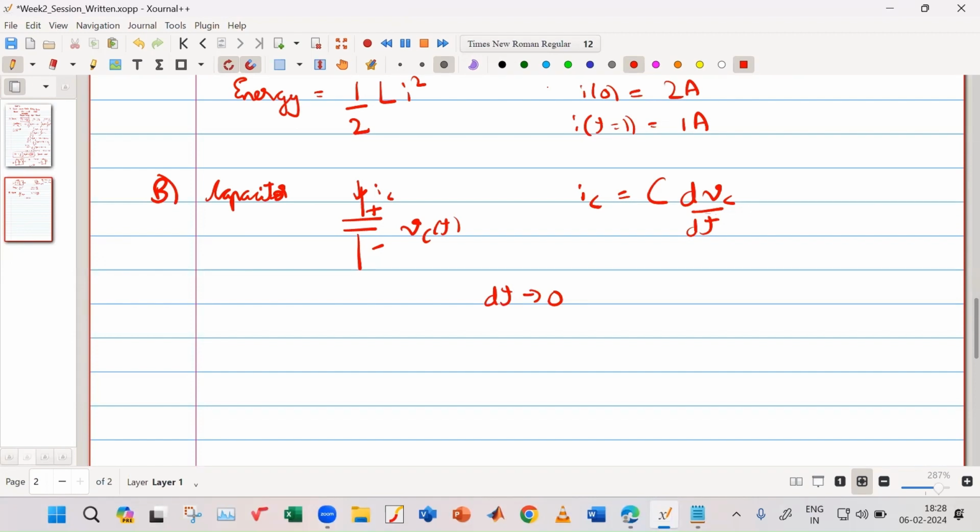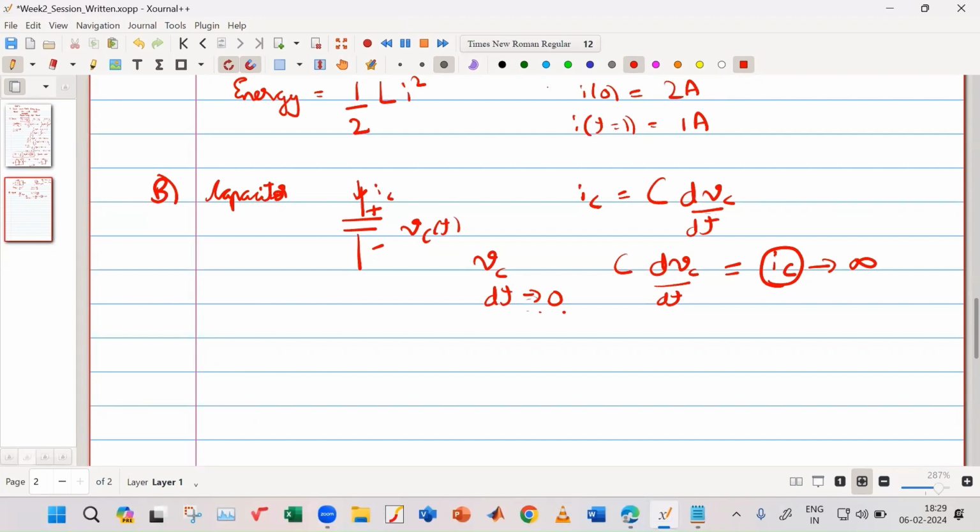If you want the capacitor voltage to change instantaneously, that should happen in a time where dt tends to 0. That means in a very, very short duration of time, there will be some change in your voltage. If such a thing should happen in reality, what would it mean? This capacitor current should tend to infinity.